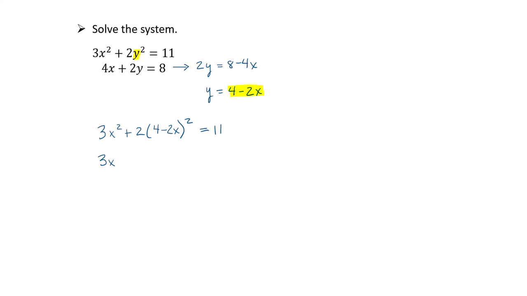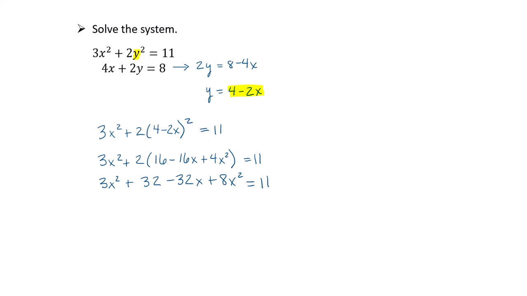So 3x squared plus 2 times (16 minus 16x plus 4x squared) equals 11. 3x squared plus 32 minus 32x plus 8x squared equals 11.